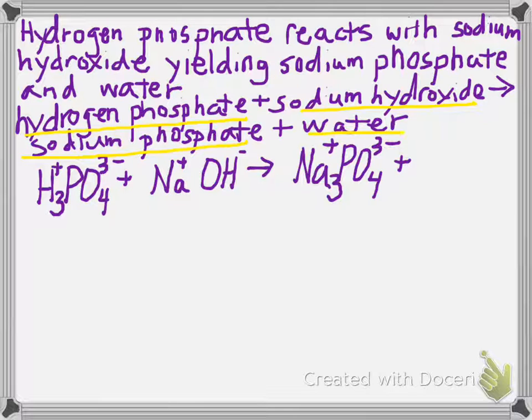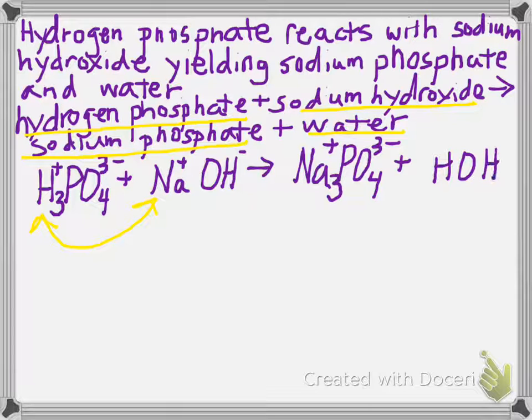Now, I'm going to write water a little differently here, and here's why. If you look at this reaction, what's taking place is sodium and hydrogen are swapping partners. Because of that, I know it's going to be easier for me to balance this equation if I write water as HOH.